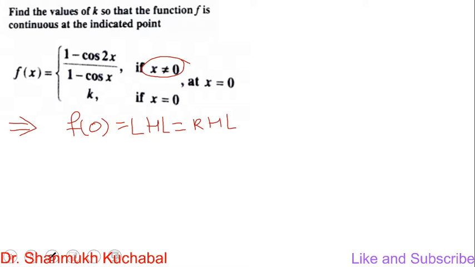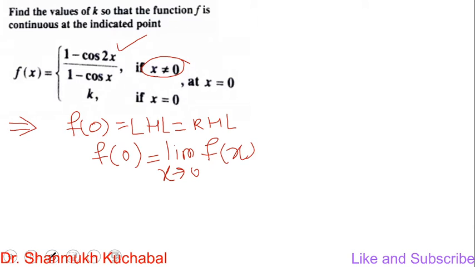So here we don't come across LHL and RHL. So it is a not equal to and equal to is there. So directly we'll take this as f of 0 equal to limit x tending to 0 f of x. Because it is a not equal, then we have a particular function here.